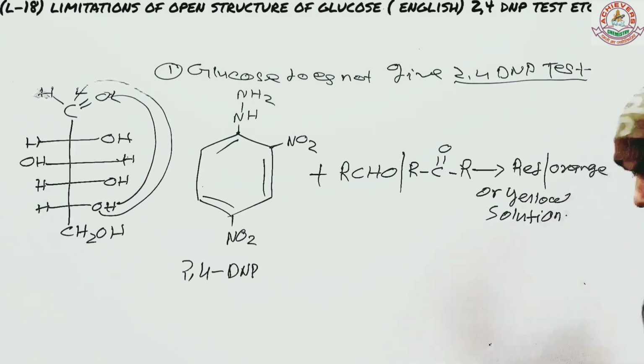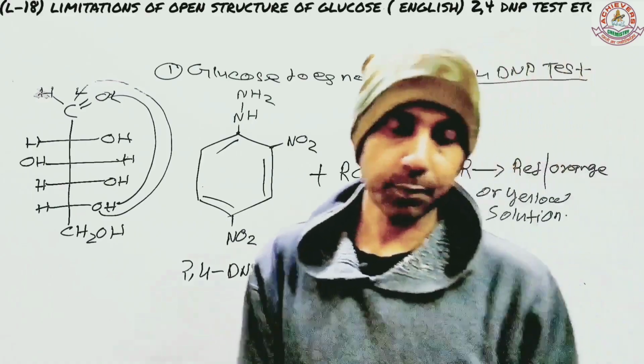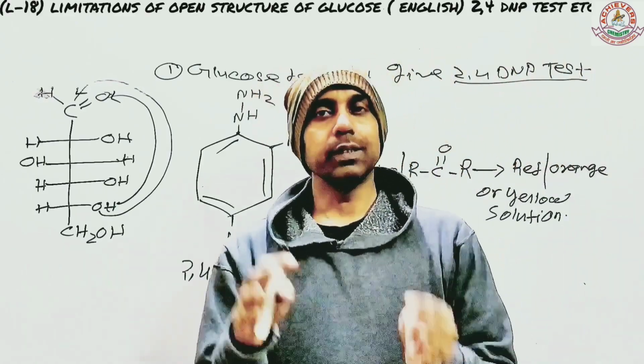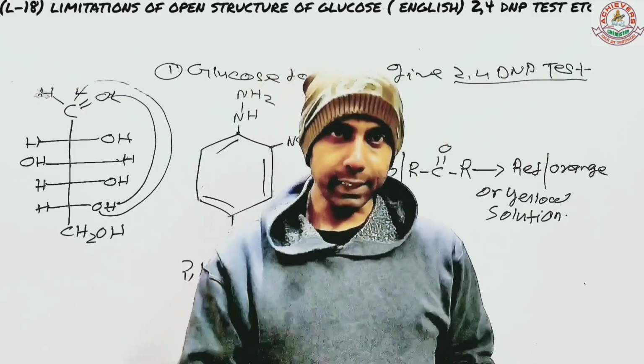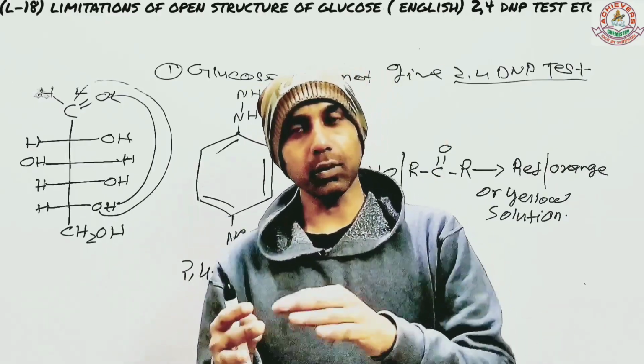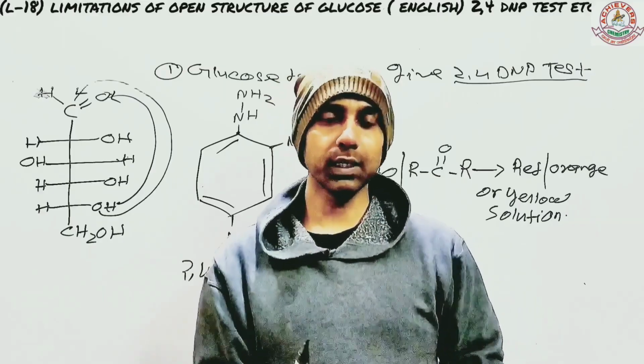Now pay attention. What I'm trying to say is that when this 2,4-DNP is reacting with an aldehyde, it forms either a red, orange or yellow color solution.